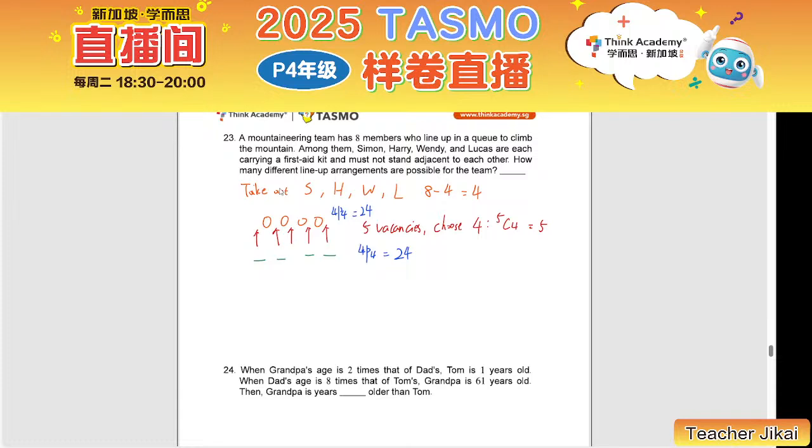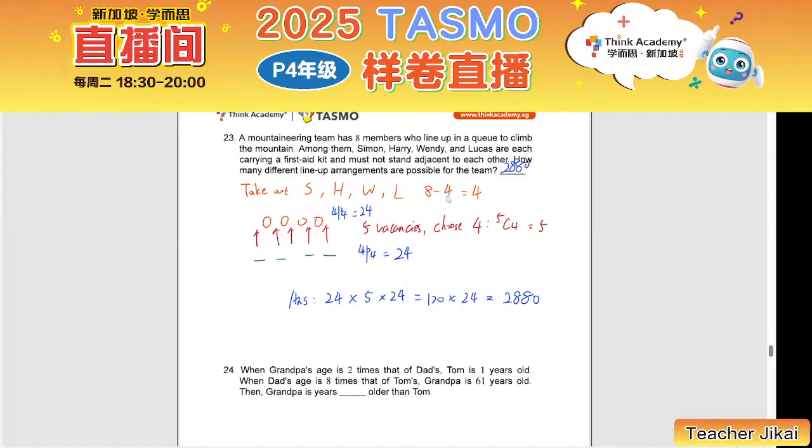They are done at the same time, so we just multiply them. At the same time means we multiply them. So the answer here is just 24 times 5 times 24. Alright, so it is 120 times 24, which gives you 2880.